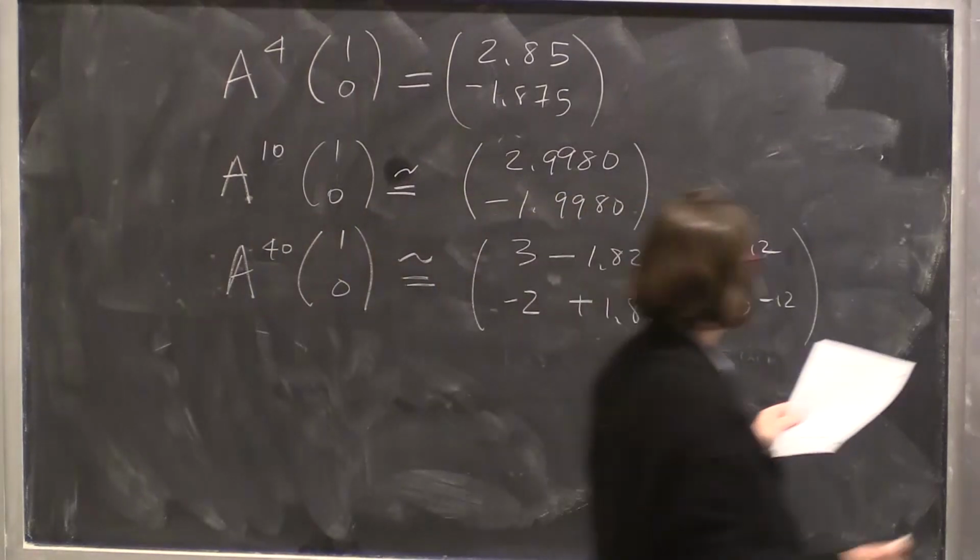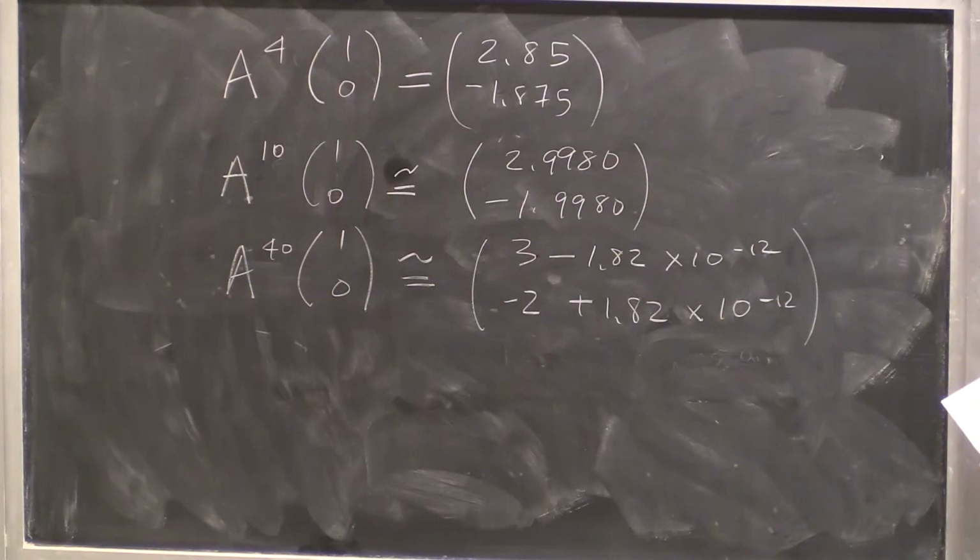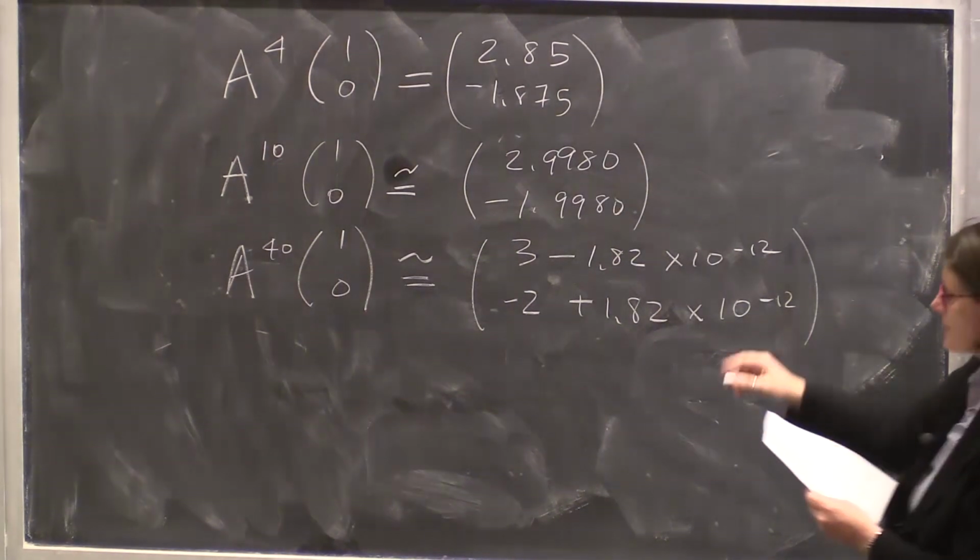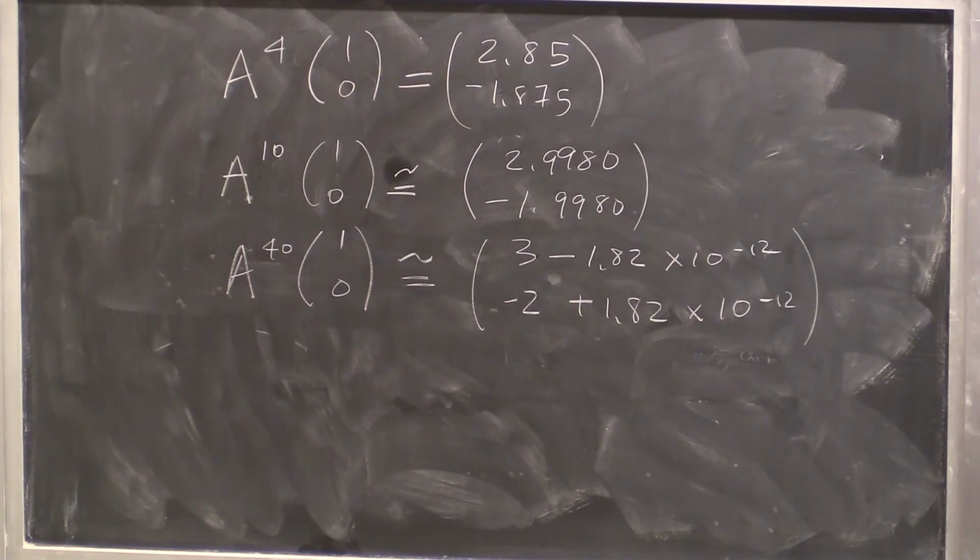Similarly, if I were to apply A 40 times to the vector (-1, 4), I get approximately (9 - 9.09 times 10 to the minus 12, -6 + 9.09 times 10 to the minus 12).